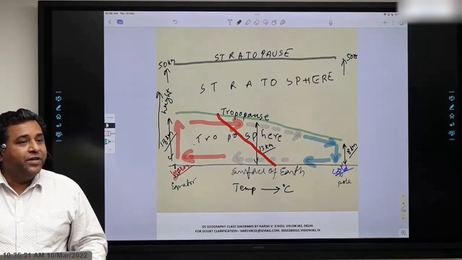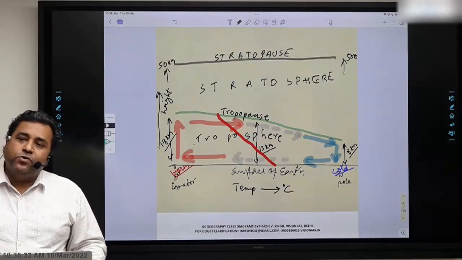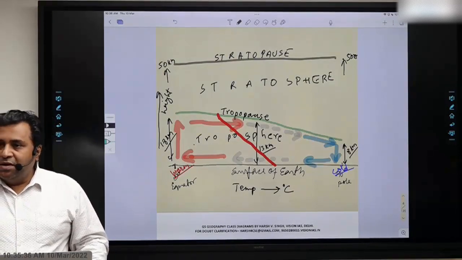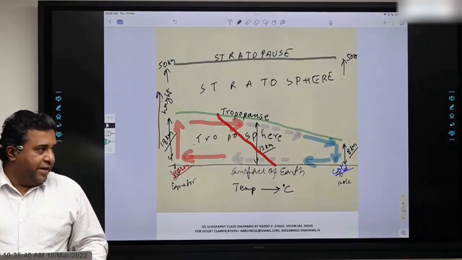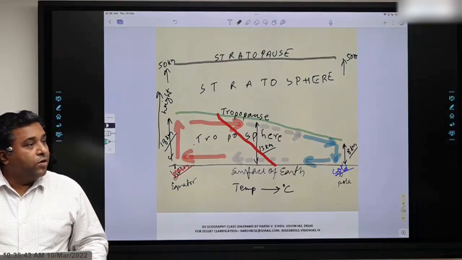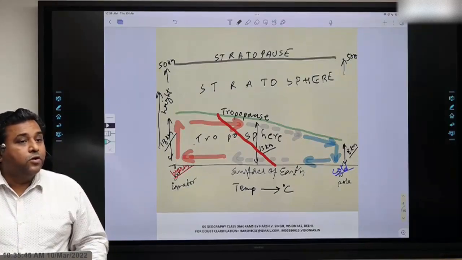And sir, why are you saying stratospheric ozone? Because you find ozone also in troposphere. In troposphere also we find ozone. We call it bad ozone. Okay, we call that bad ozone. And which ozone is in the stratosphere? Good ozone.